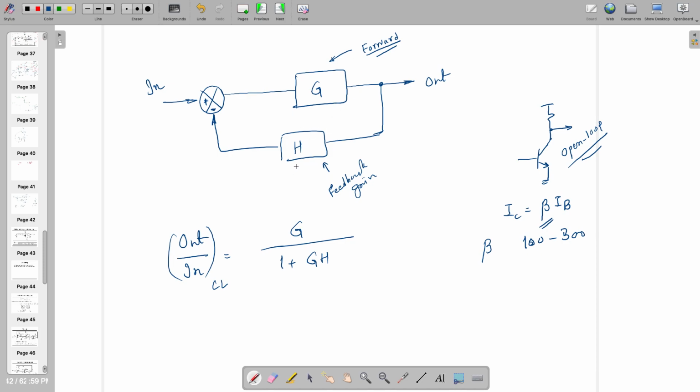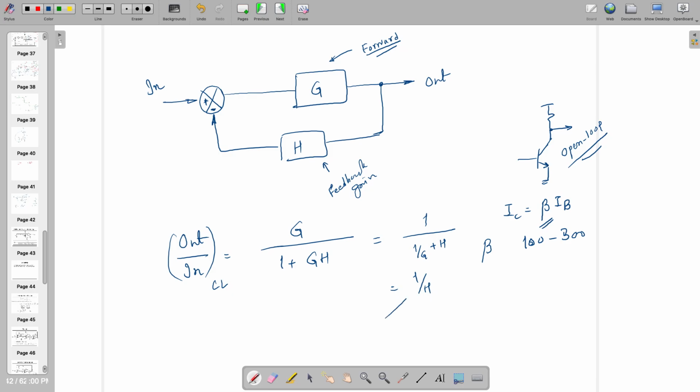This is only possible when the gain is sufficiently large, which I am going to call infinity, then it's equal to 1 by H. So this is only possible when this is infinite.